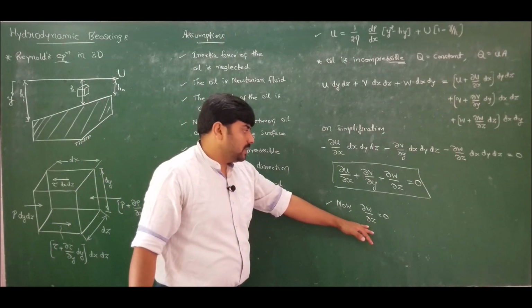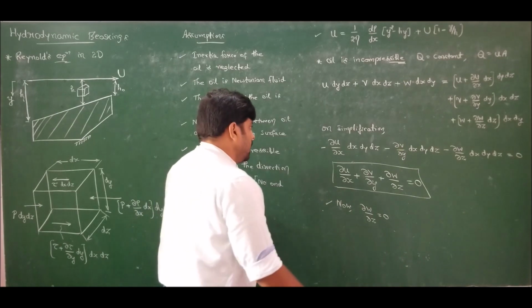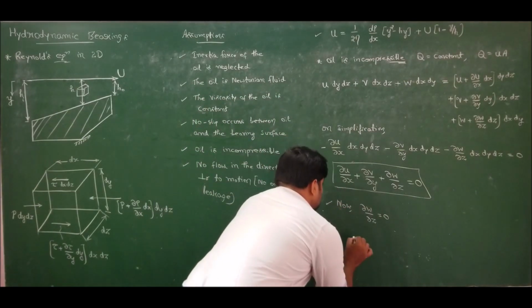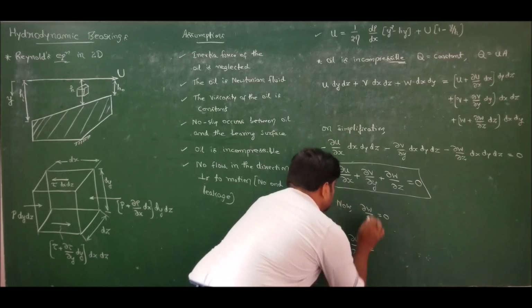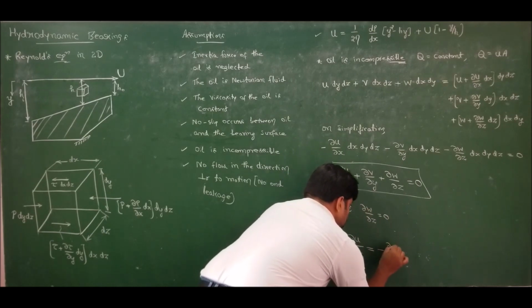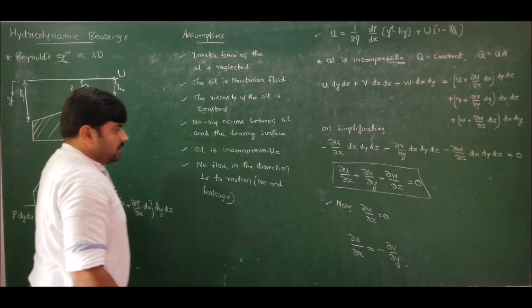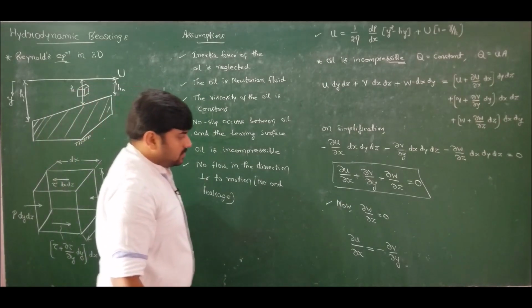So therefore dou w by dou z must be equal to 0. Hence I end up with the equation dou u by dou x is equal to minus dou v by dou y.